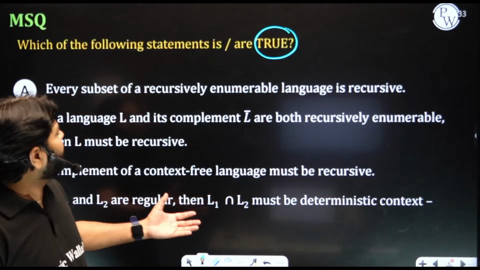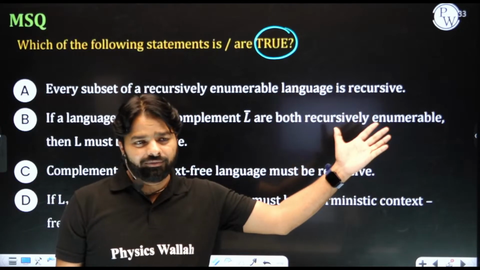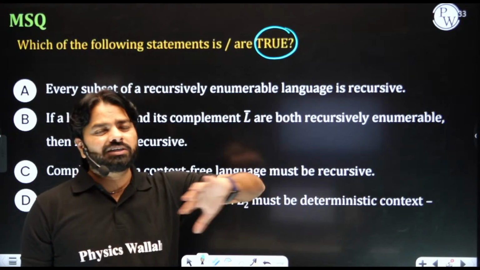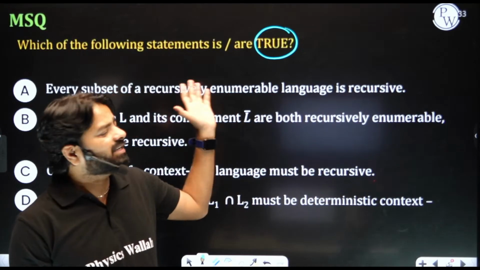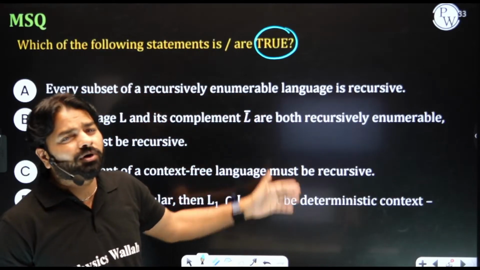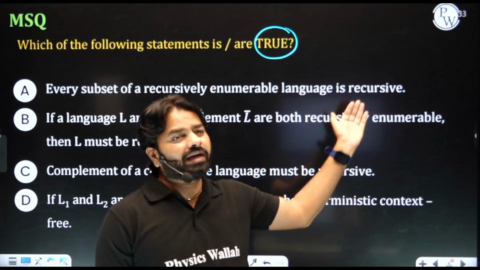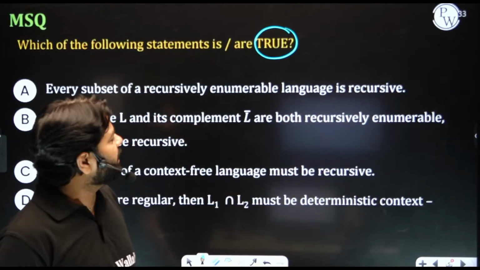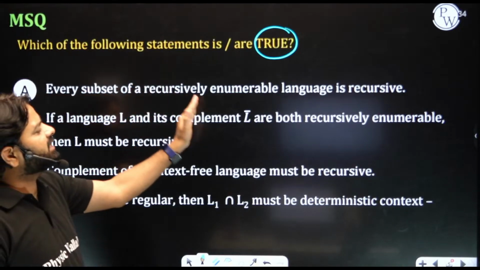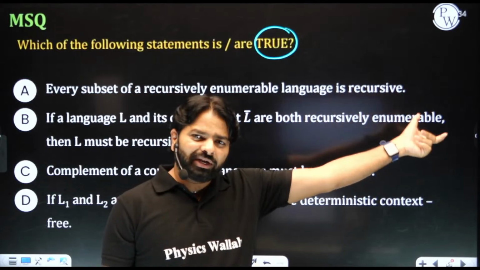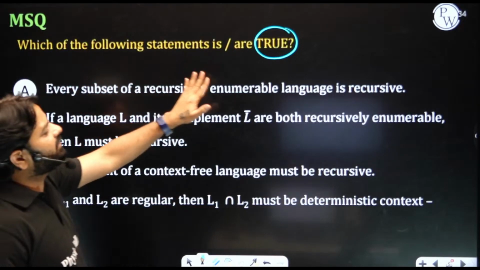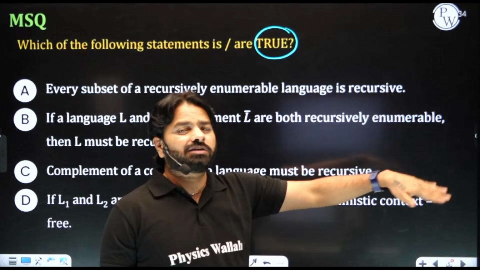You cannot guarantee even subset of RE is RE, because the subset property is not closed for regular, CFLs, DCFLs, recursive languages and RELs. So now subset of recursively enumerable need not be recursive, then we cannot guarantee it is recursive. Okay, so actual statement is like every subset of recursively enumerable language need not be recursive, or you can say some subset of recursively enumerable language is recursive.